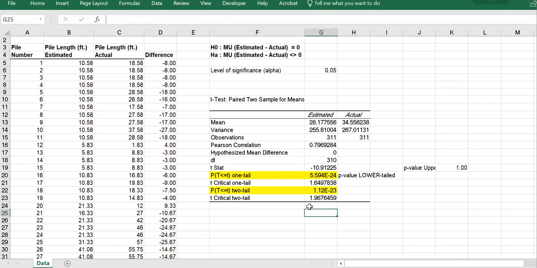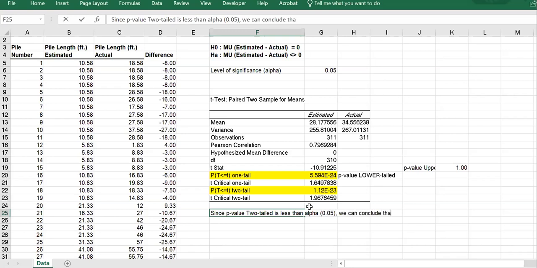So I'm gonna say since p-value two-tailed is less than alpha, and alpha we just assumed is 5%, we can conclude with 95% confidence that, so we're gonna reject the null hypothesis.